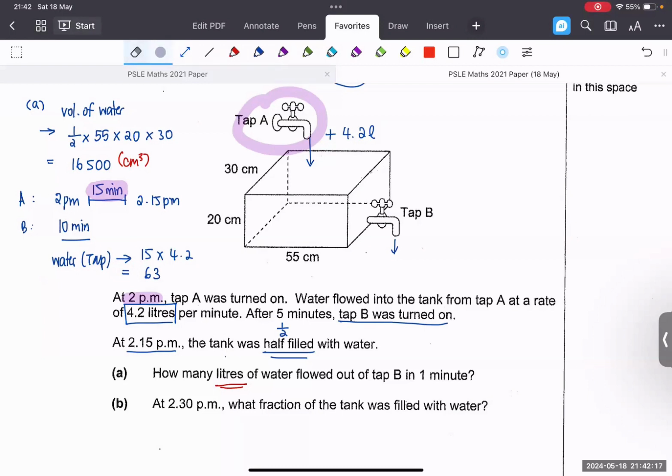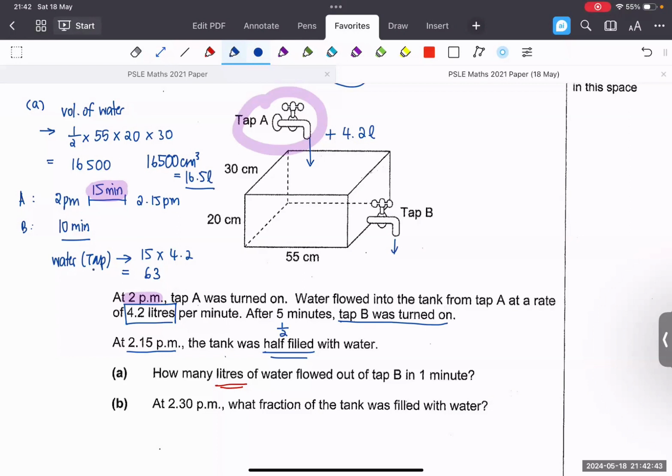For me, because they want us to find liters at the end, instead of changing to cubic centimeters, the numbers will be very big. So I will change 16,500 cubic centimeters to 16.5 liters to make it a more friendly number.